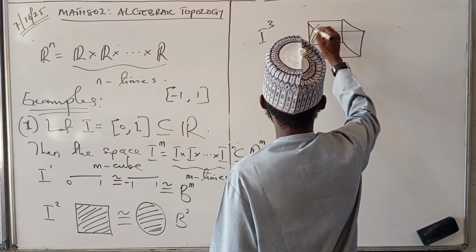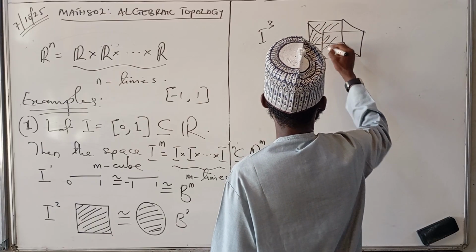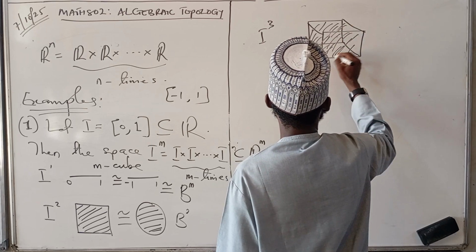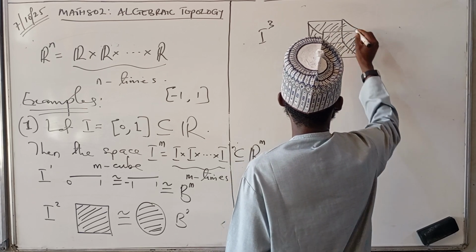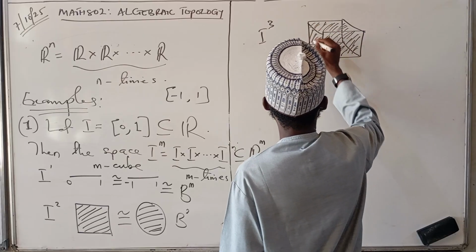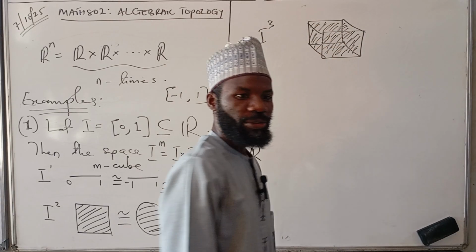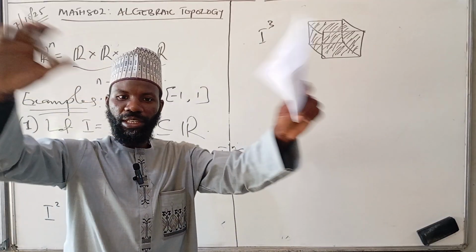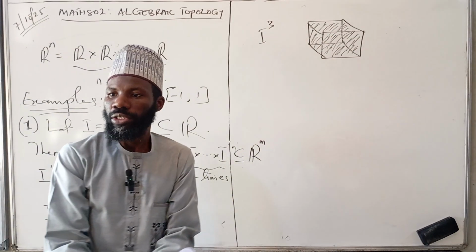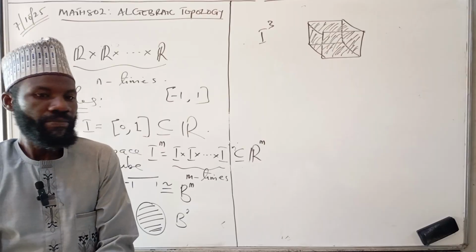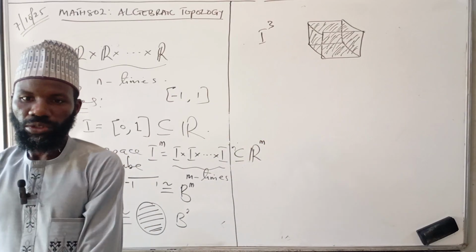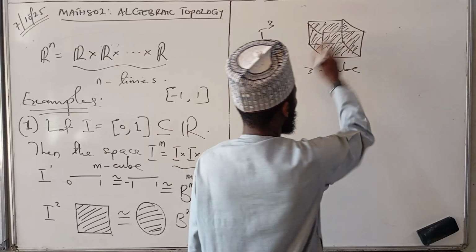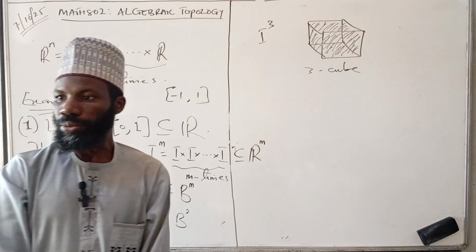But a cube, solid, not hollow. What do we call a hollow cube? Well, for a ball, hollow, only the boundary of a ball is called what? Sphere. But if it is a cube, the boundary is called what?